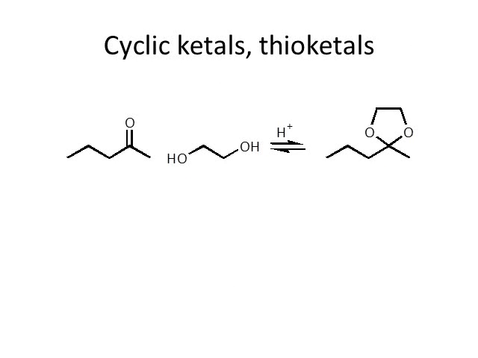Just a couple other quick things while we're talking about ketals. One thing you will often see, instead of using two separate alcohols to make your ketal, like two equivalents of ethanol, the example I used before, is that sometimes we'll use a diol, in this case ethane diol, but you'll also see propane diol, to make a cyclic ketal.